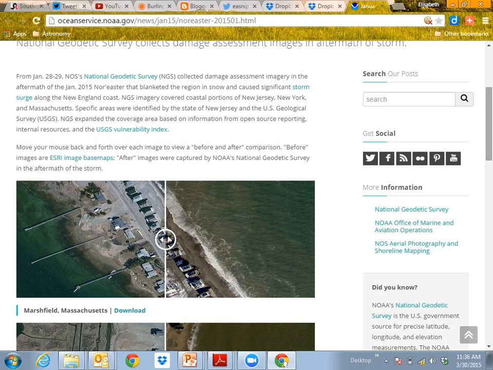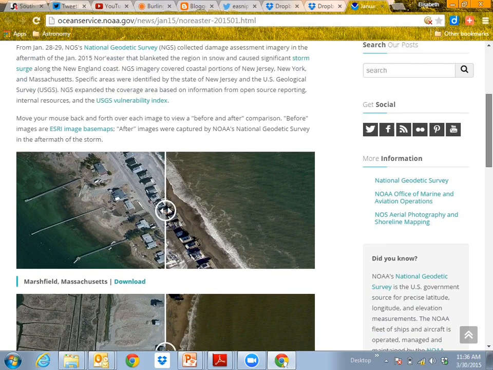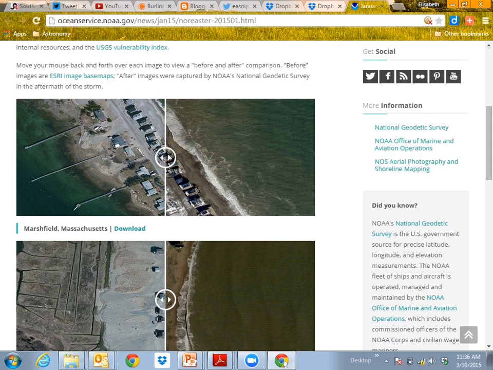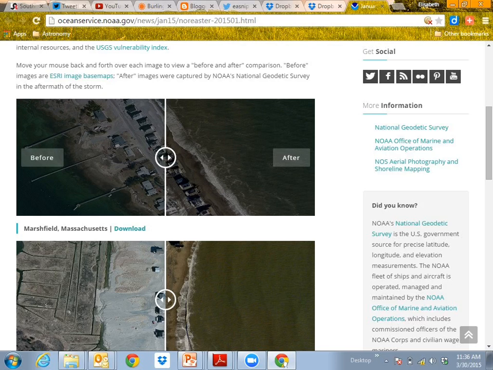So I like what they did. The waves coming in and the ice on the houses. You can see that we have before and after. This is what it looked like before, and this is what it looked like after. Isn't this cool?